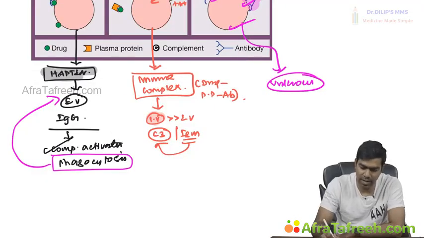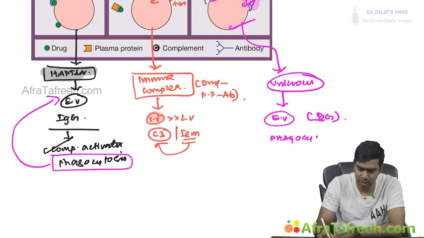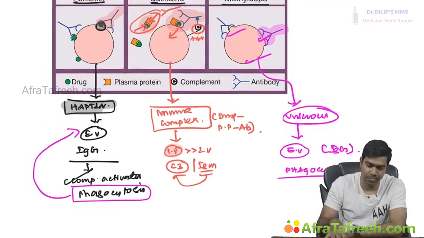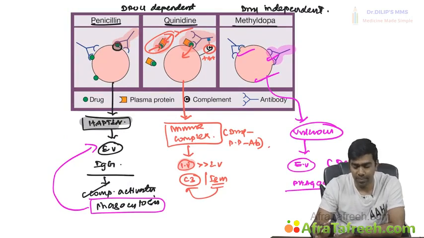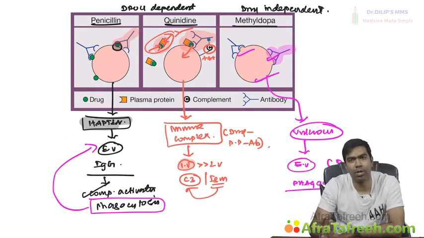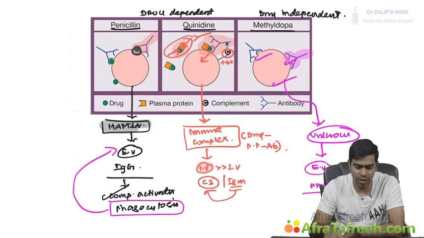You see this very rarely, but typically it is going to result in extravascular hemolysis, which means the antibody will be IgG. Again, the main predominant thing is phagocytosis with a little bit of complement activation. That is the main reason why you get this third variety. So first is the Hapten model, second is the immune complex model, and third one is the unknown idiopathic model.